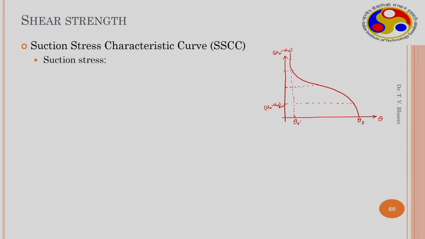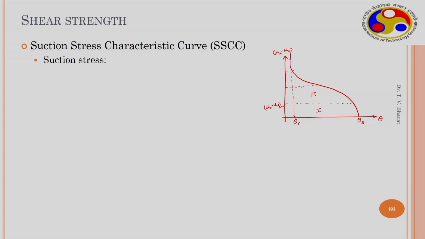If different zones are considered in this manner, the first zone is the saturated state of the soil even though the pore water pressure is negative. The second stage is where the water content decreases drastically with increase in suction.